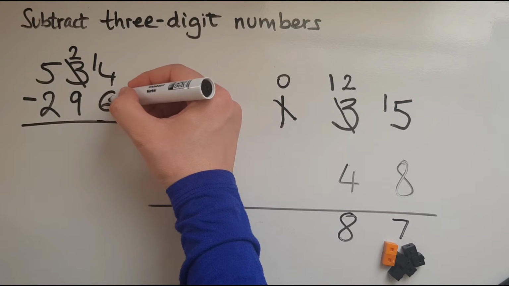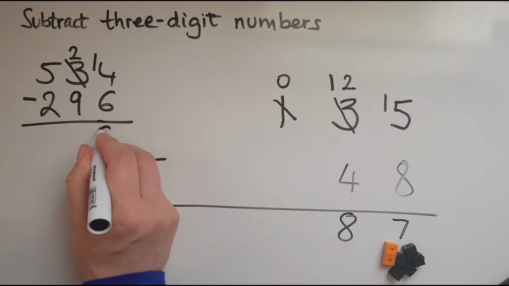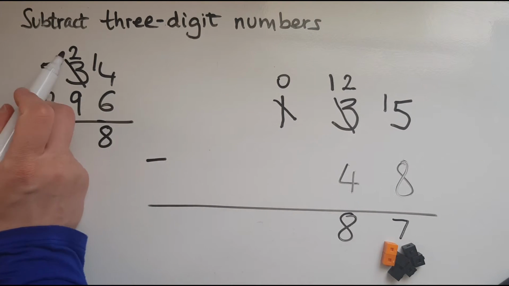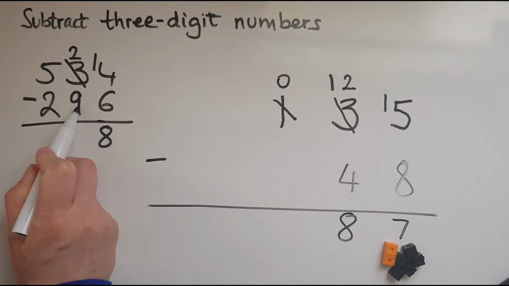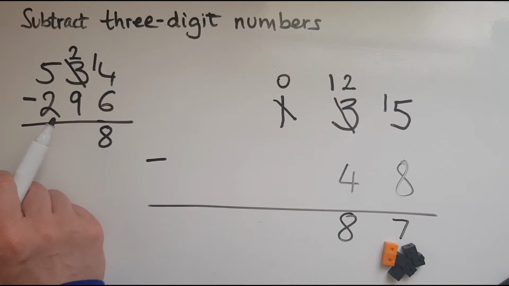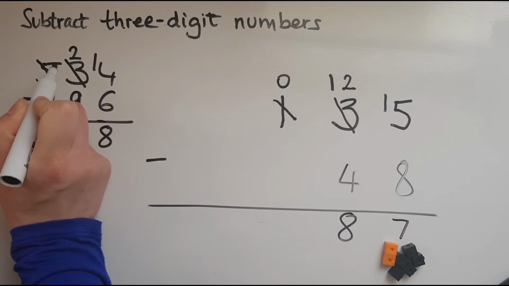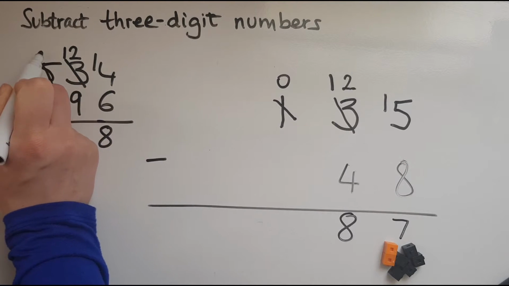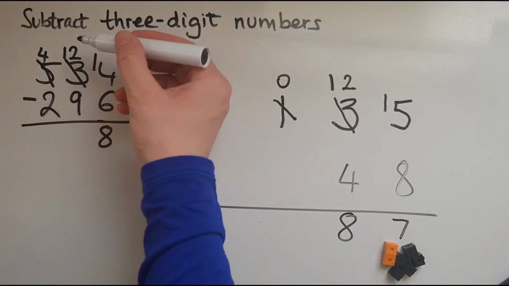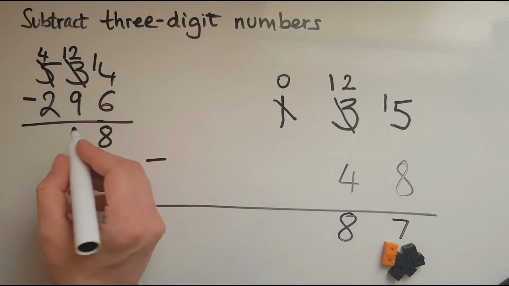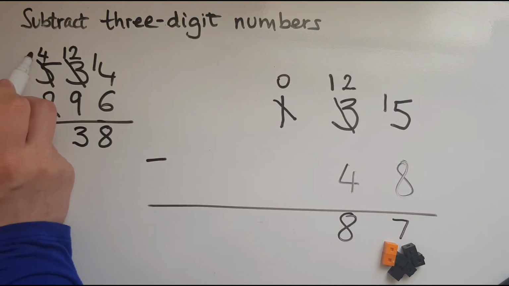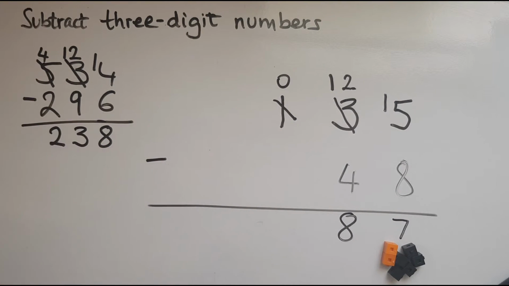So 14 take away 6 leaves me with 8. Now we have 2 taking away 9, which is not possible, so I'm going to be borrowing 1 from the 5 to make this a 12, and the 5 becomes a 4. So now 12 take away 9 gives me 3, 4 take away 2 leaves me with 2. So my answer is 238.